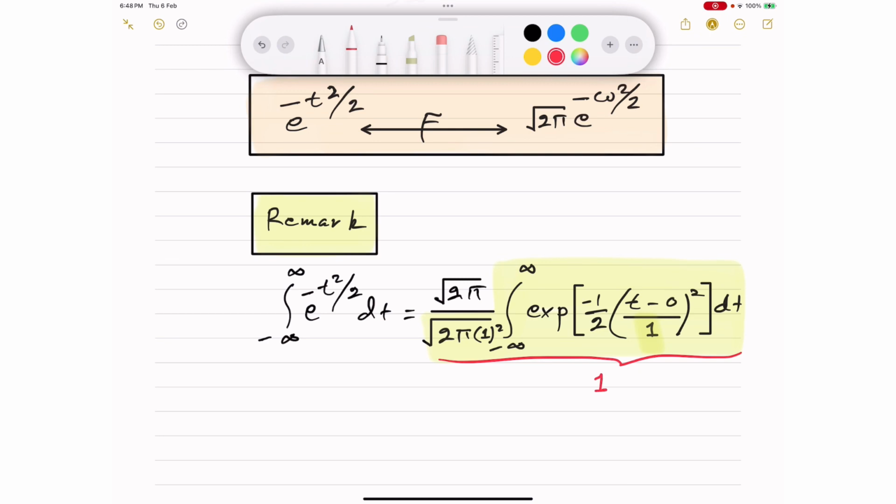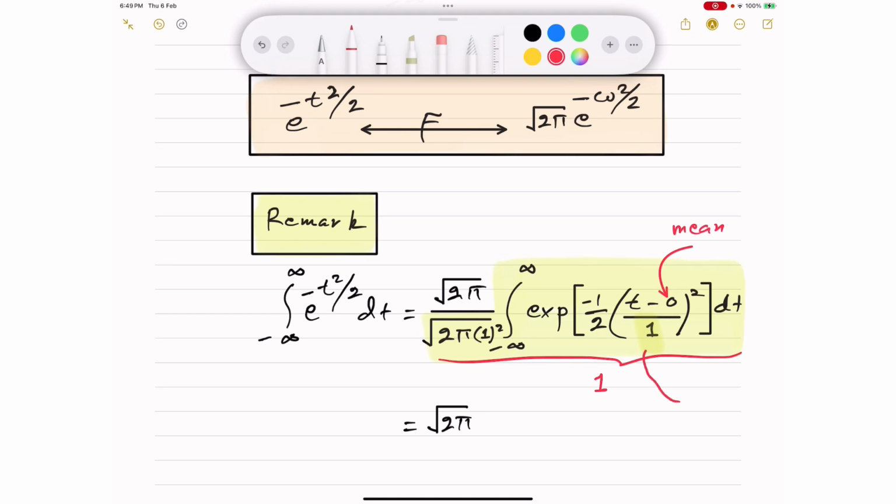So this whole thing is going to be equal to the square root of 2 pi. This is a Gaussian distribution where, by the way, this here is the mean value. So 0 is the mean value.